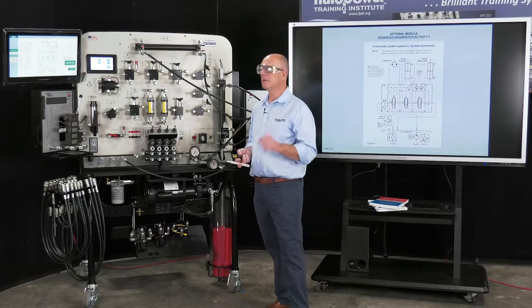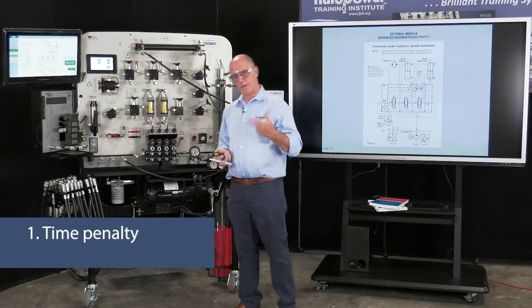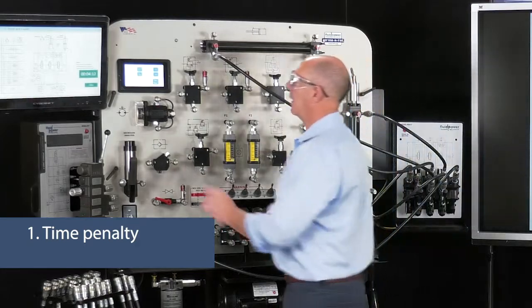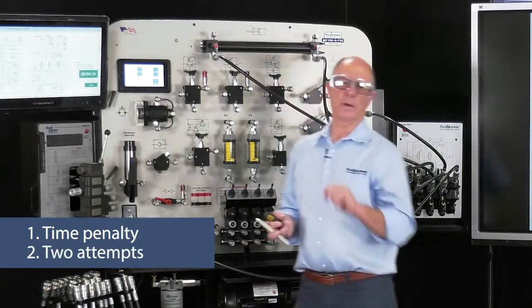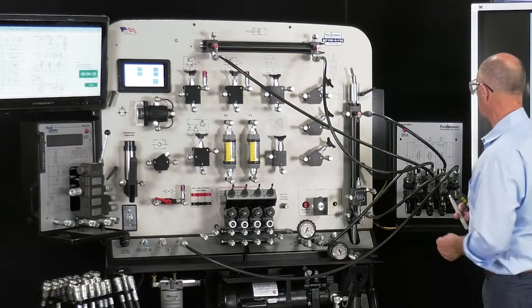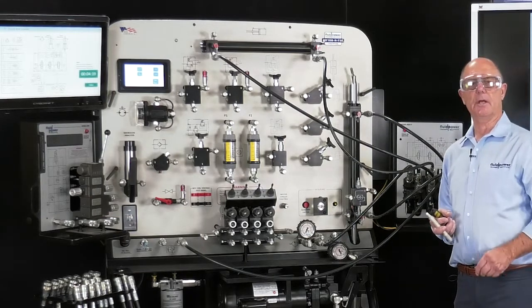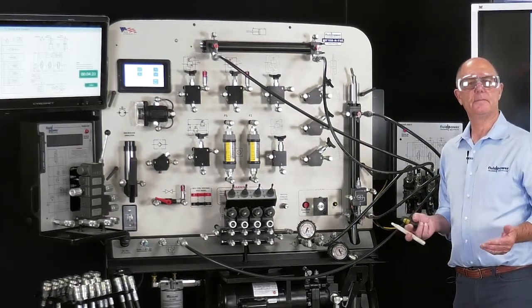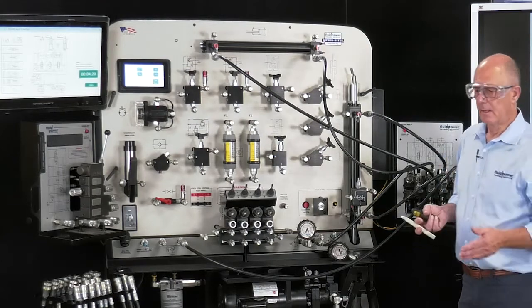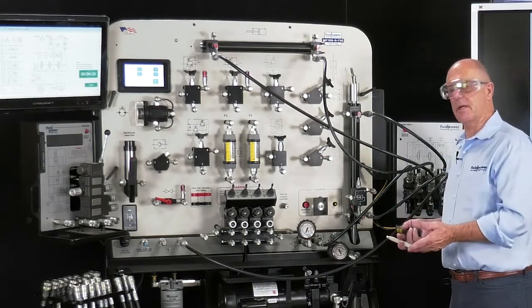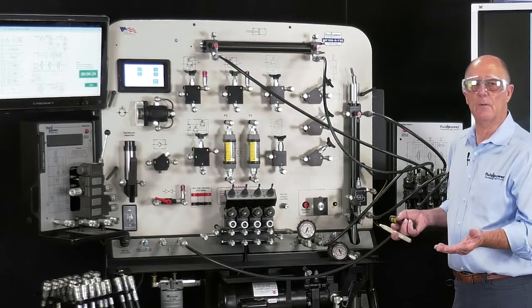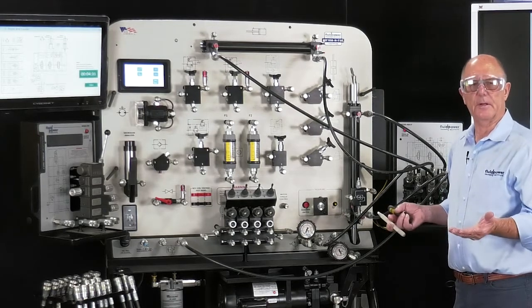So, number one, you've got a time penalty. Number 2, you've got 2 attempts. Now, you can solve the problem in 1 attempt. In other words, let's say I test the directional control valve and it passes the test. Well, then isn't it over? Isn't that the beauty of it? If I test the directional control valve and it passes the test, then I'm going to replace the cylinder. I'm not even going to test it. Why would you test it? There isn't anything else that could be causing the problem.